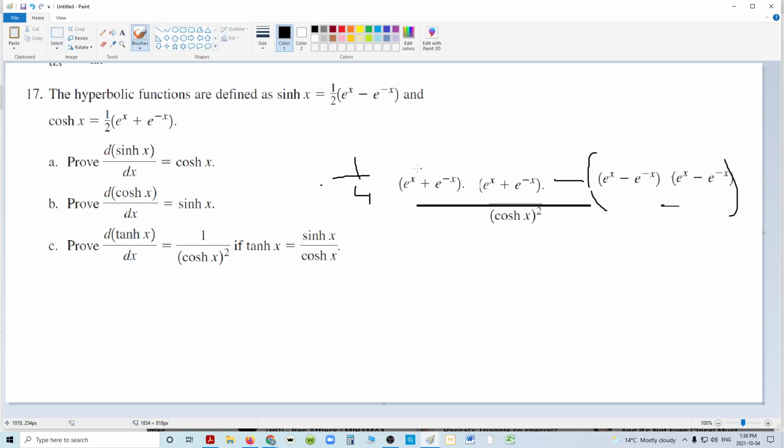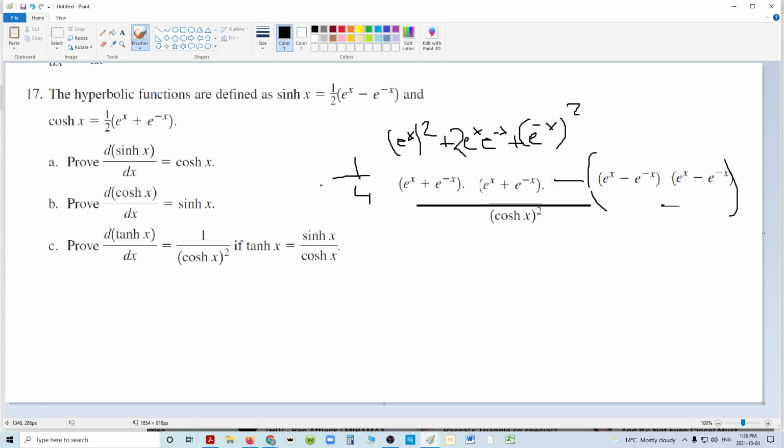If I multiply this here, I get e to the x squared. If I multiply this, I get 1 plus 1, e to the x times e to the minus x. And again, it happens here, so I have two of them. If I multiply this, I get plus e to the negative x squared.